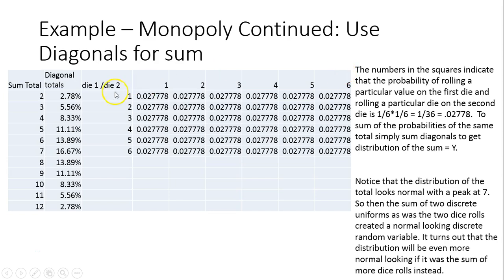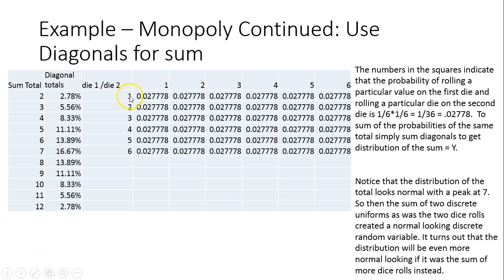Then you get the probabilities of what you can roll on the second die, and what you get is the bivariate distribution. We haven't talked about this yet, but it's a distribution that tells us the probability of occurrence of one of the dice and the probability of occurrence of the other.